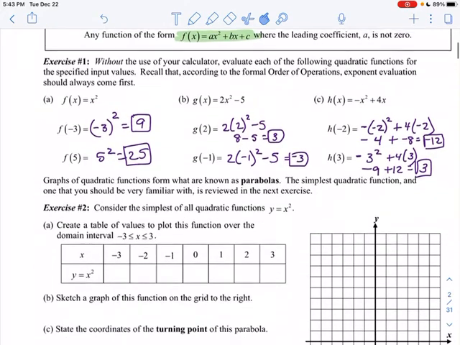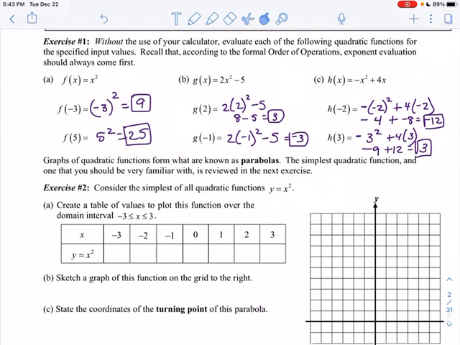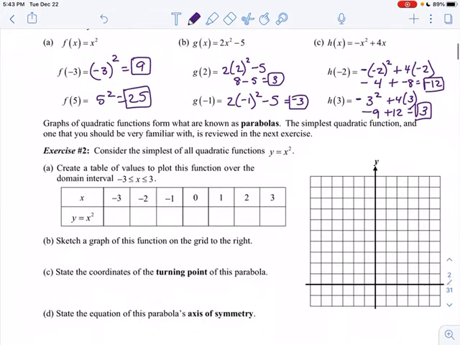All right, and we'll do a little review of graphing quadratics. That's going to give us a parabola. This is our basic quadratic, y equals x squared. I want to create a table of values to plot, and the domain is going to be from -3 to 3. So when I substitute in -3, -3 squared is +9, -2 squared is +4, -1 squared is 1, 0 squared is 0, 1 squared is 1, 2 squared is 4, and 3 squared is 9.